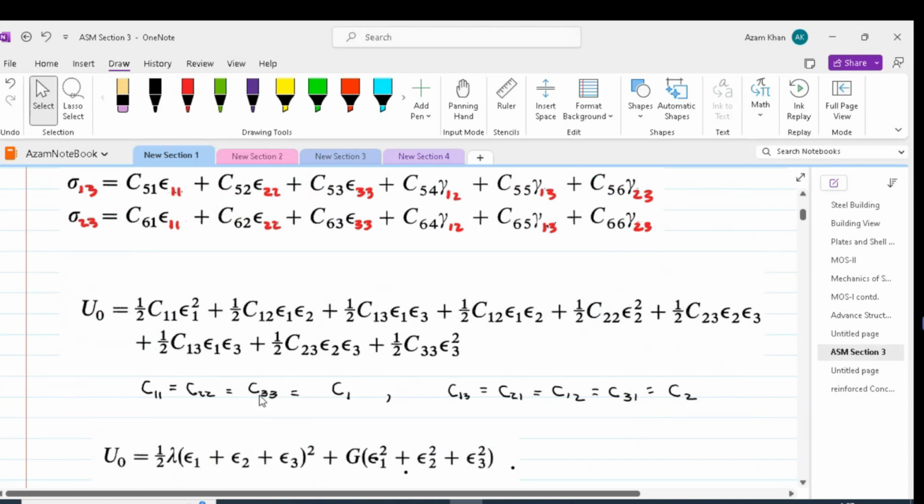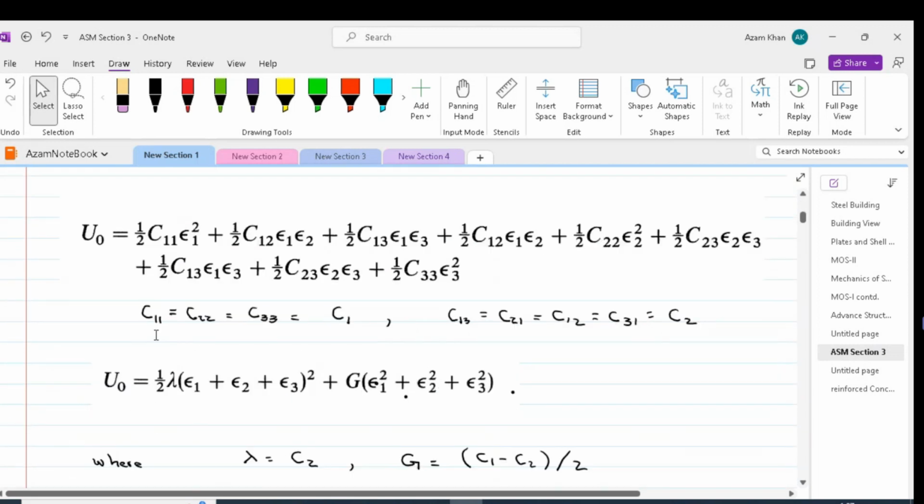In the case of isotropic elasticity, we can make the constants C11, C22, and C33 equal to C1, and the remaining constants C13, C21, C12, C31 equal to C2. We discussed previously that in isotropic formulation, we can have only two constants. So those are shown over here.